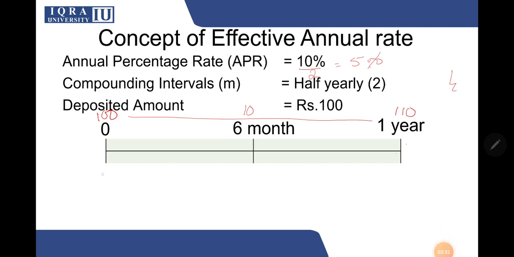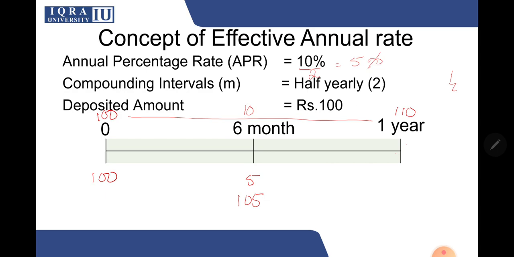So that means if you deposit 100 now, because it is semi-annual, after the first 6 months you will get the first interest payment, which is going to be 5%. So 6 months later your account will have 105 rupees.